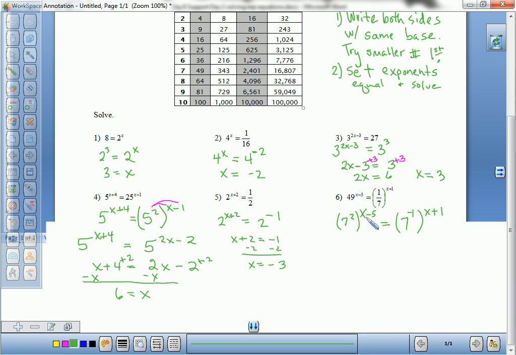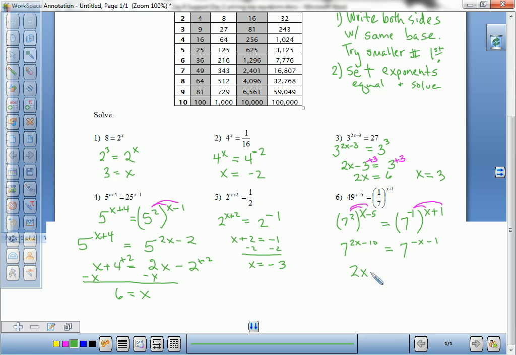So on this one, we're going to have to distribute here and distribute here. So we get 7 to the 2x minus 10 and 7 to the negative x minus 1.